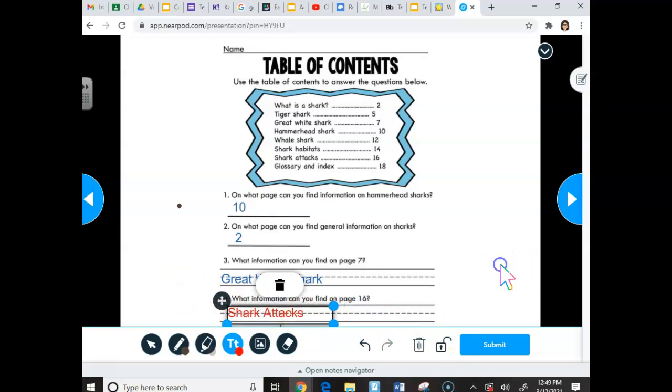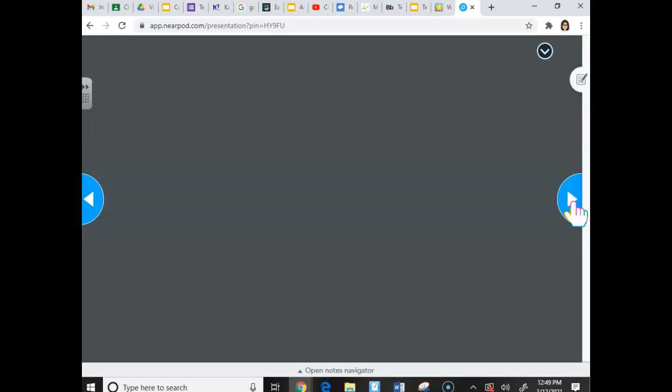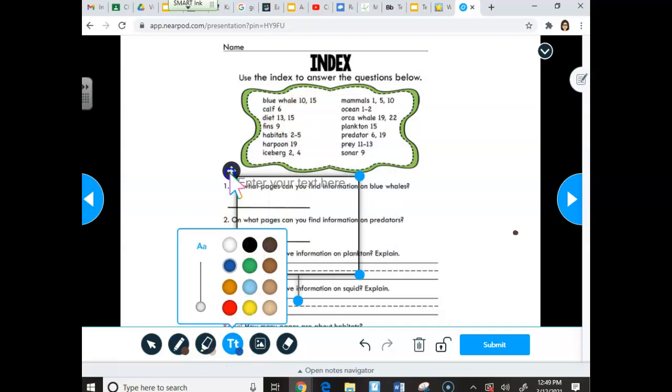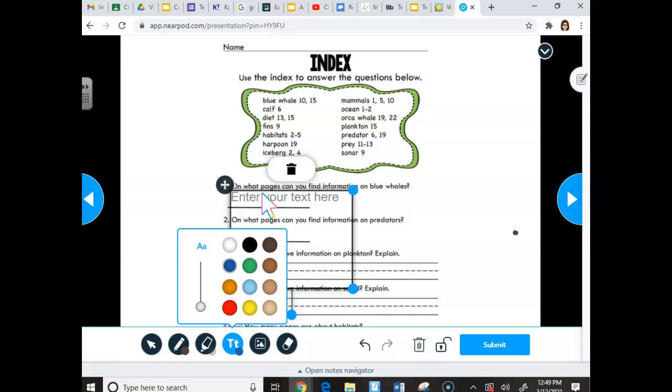All right, next page. On what page can you find information on blue whales? So it's in ABC order. Blue whales here. What pages? 10 and 15.